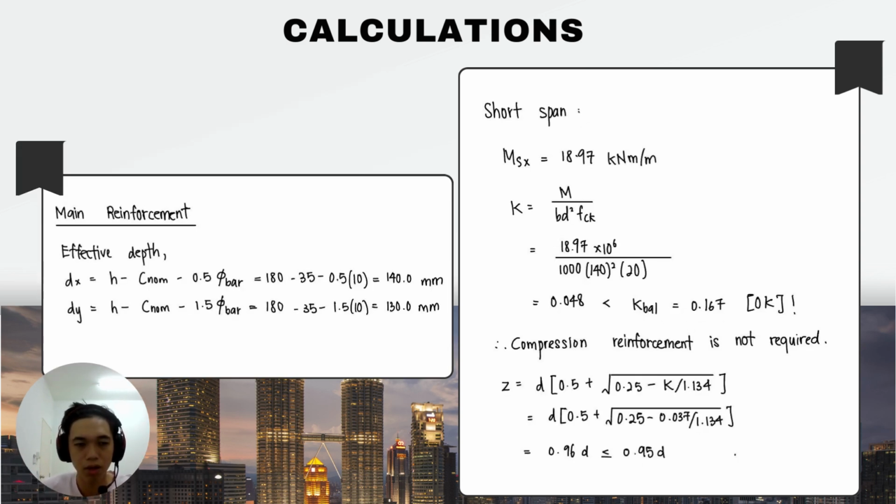By using the formula that we have learned in the previous structural class, we are able to achieve the effective depth, which is 140 millimeter for the dx, and for the dy, 130 millimeter.